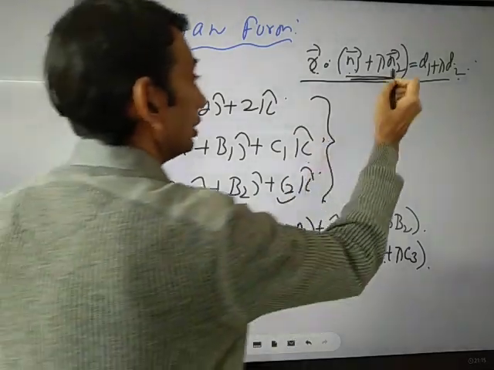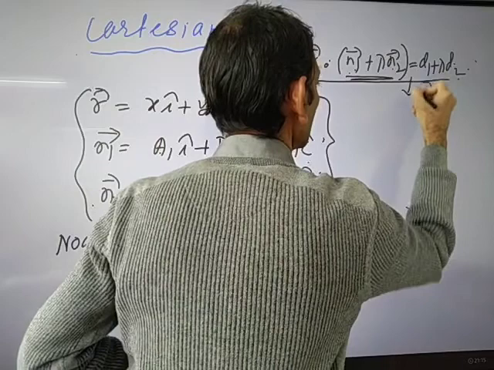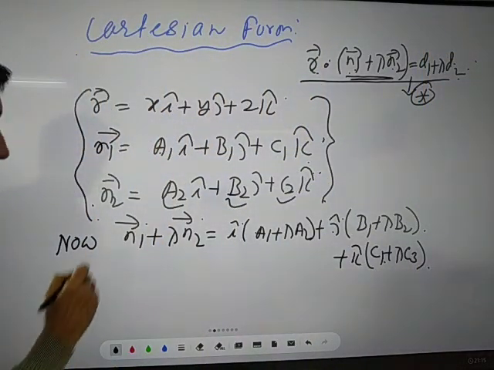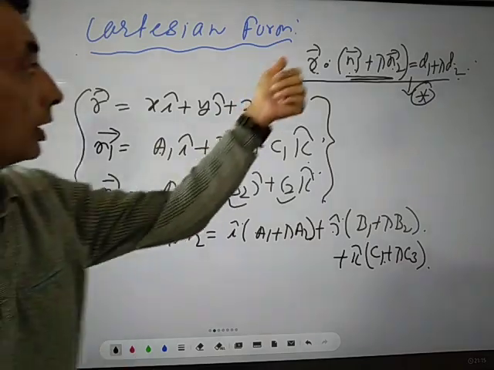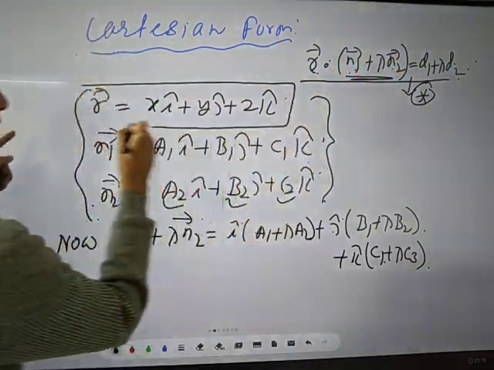Now from the equations, okay, so what I'm going to do is r dot this. What is r? r is these vectors.